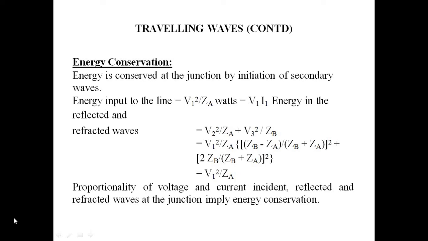That is equal to V1 squared divided by ZA, times ZB minus ZA divided by ZB plus ZA whole squared, plus 2ZB divided by ZB plus ZA whole squared. That is equal to V1 squared divided by ZA. Proportionality of voltage and current in the incident, reflected and refracted waves at the junction implies energy conservation.